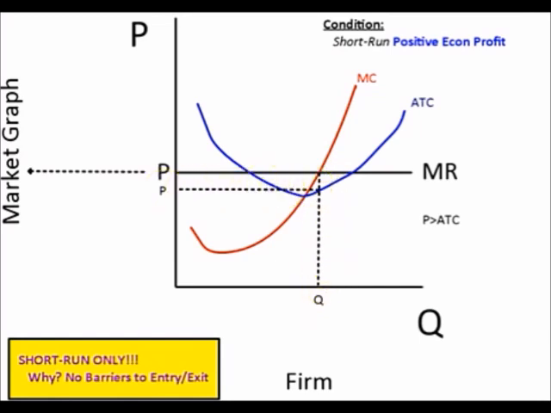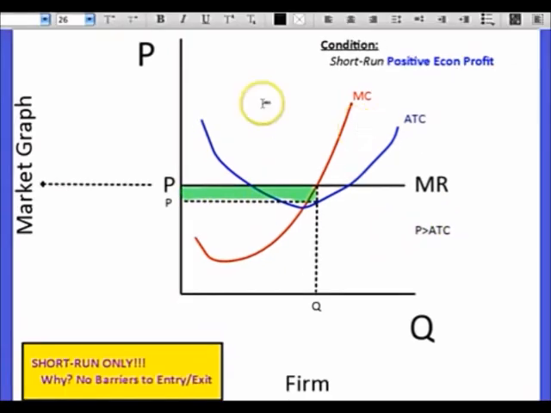And what we want to get used to doing is what's called shade and label. You find the rectangle that's been created, and we want to label this positive profit.